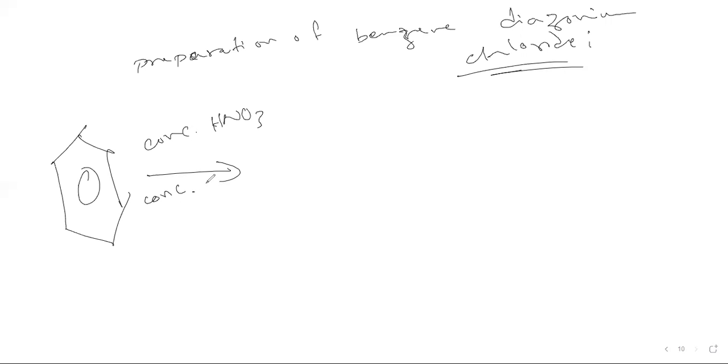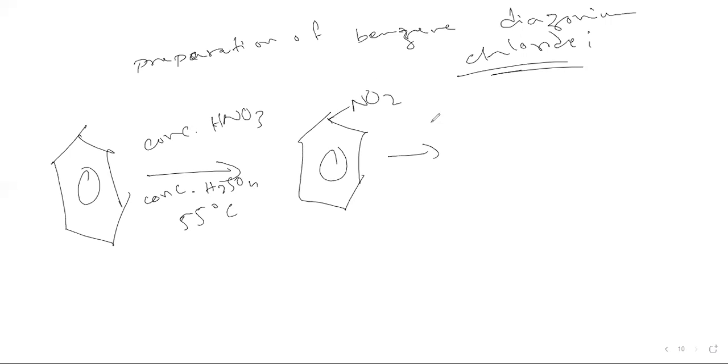So benzene reacts with nitric acid and concentrated sulfuric acid, forming what? It is actually the nitration of benzene reaction, forming NO2. Now, when we further add tin plus concentrated HCl with heat, what forms? Phenylamine, NH2.